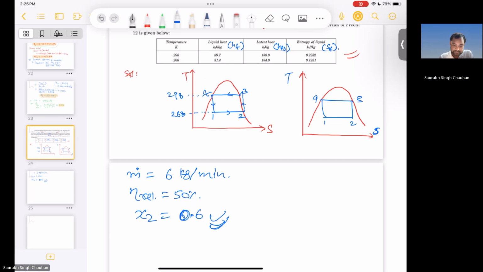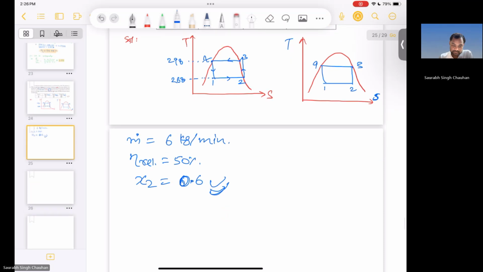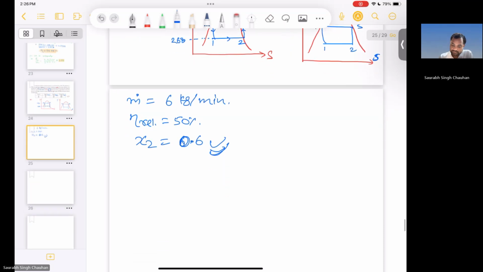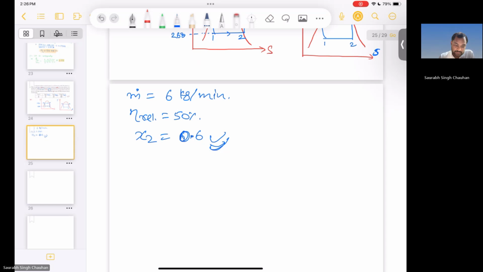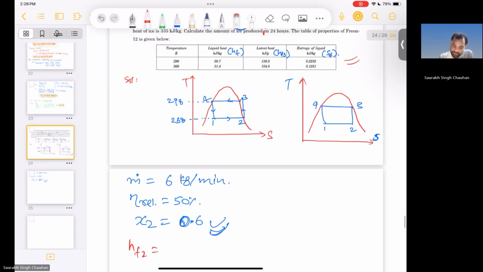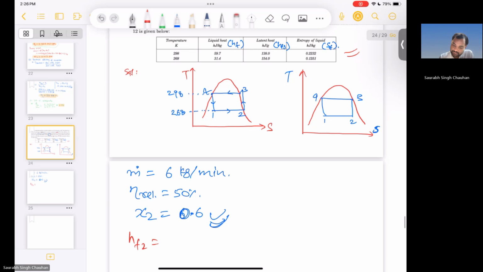Okay. So HF2 is given 31.4 kilojoule per kg.